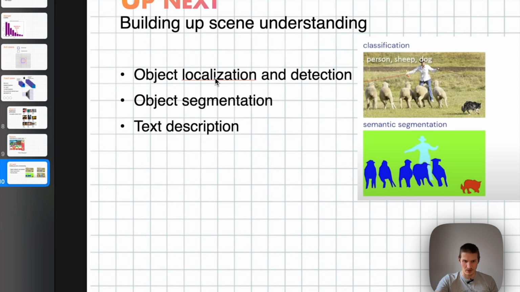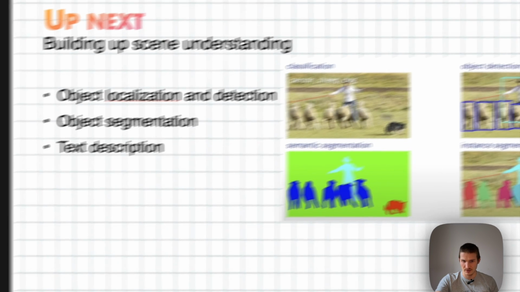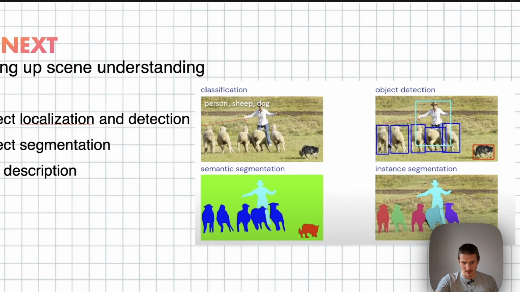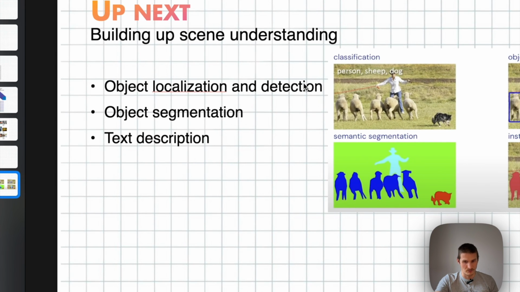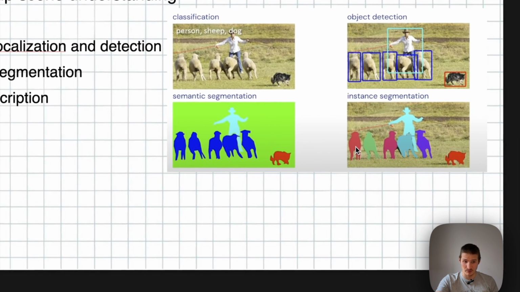We'll look at object localization and detection, which is basically drawing bounding boxes for objects, in the video right after this one. Then later we'll start digging into object segmentation, that is finding out the actual pixels that belong to the class or to the actual instance object.